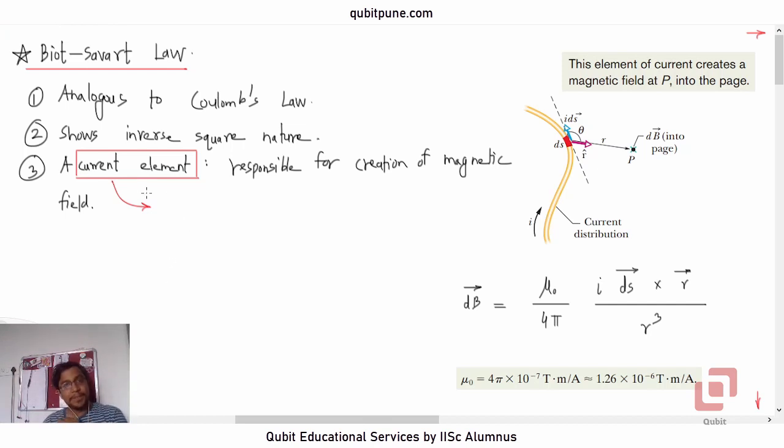That's why the name of the chapter is Moving Charges and Magnetism. Moving charges have two characteristics. They respond to an external magnetic field through Lorentz force, but at the same time they also create their own magnetic field. And Biot-Savart law is for that.